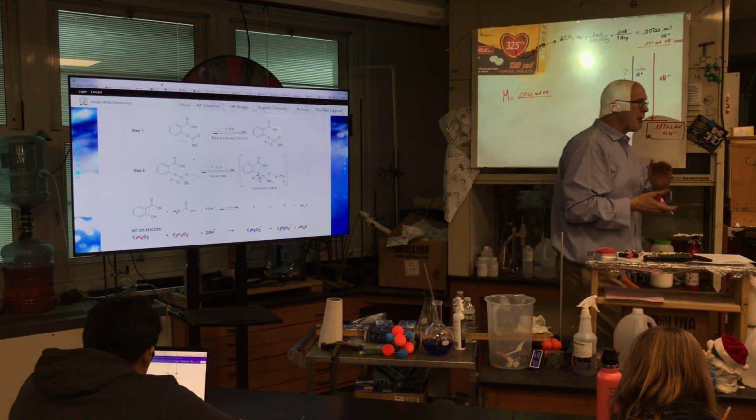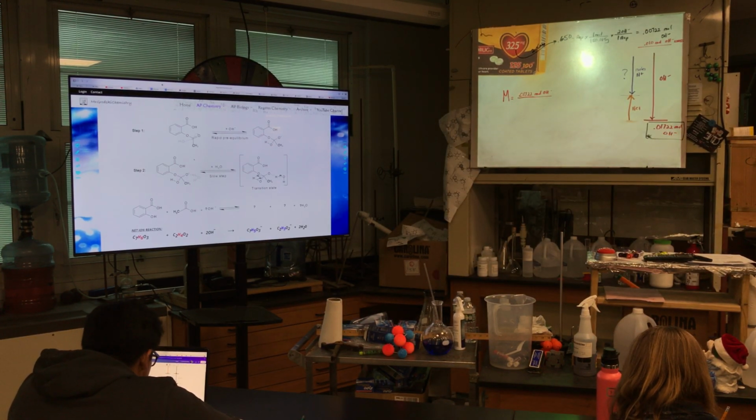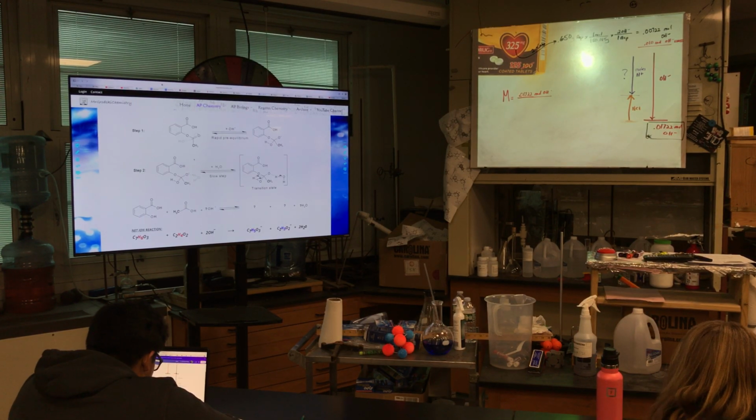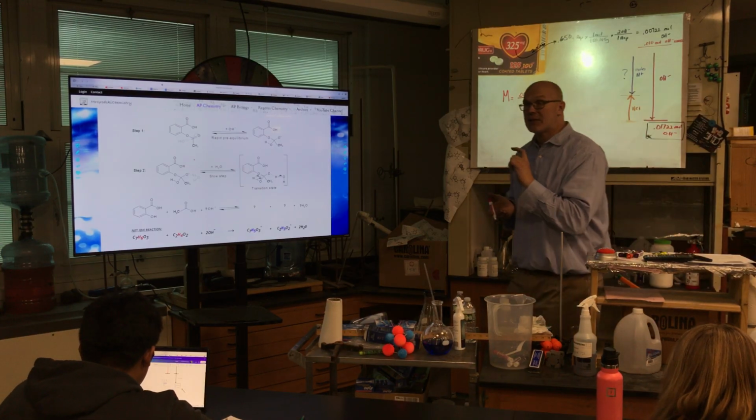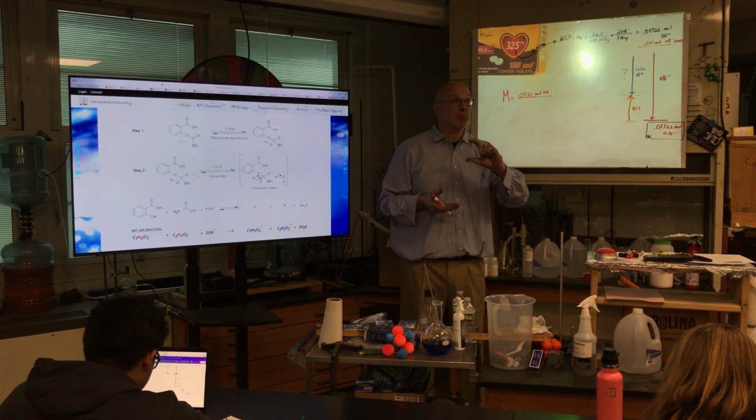And because we're making 100 milliliters, everyone's making their own solution, the most I can make is 100 milliliters. I shouldn't design this for 100 milliliters because I have to do what with a strong base? I have to standardize it.